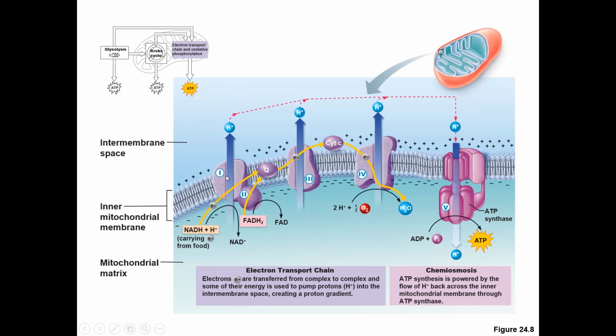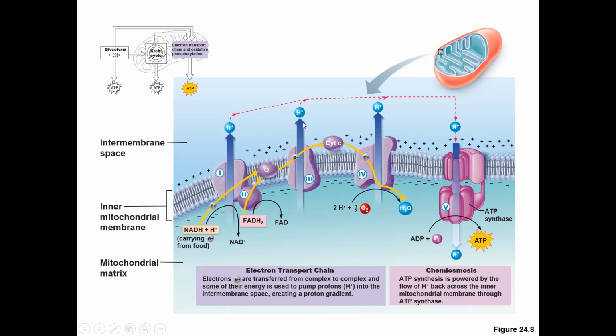The electrons are transferred to the second complex here. In the meantime, FADH2 comes along, it gets oxidized and gives up its electrons and hydrogens, and it goes back to being FAD. It goes back to the Krebs cycle. The electrons are transferred to the second complex.